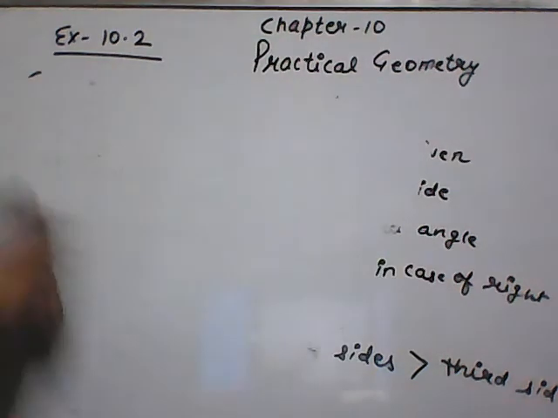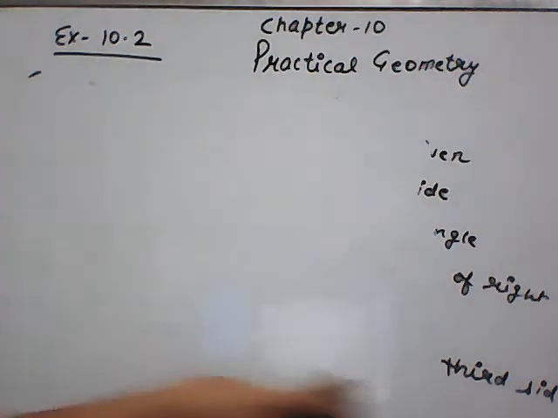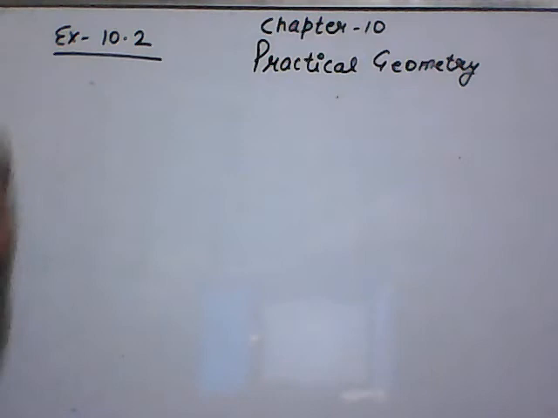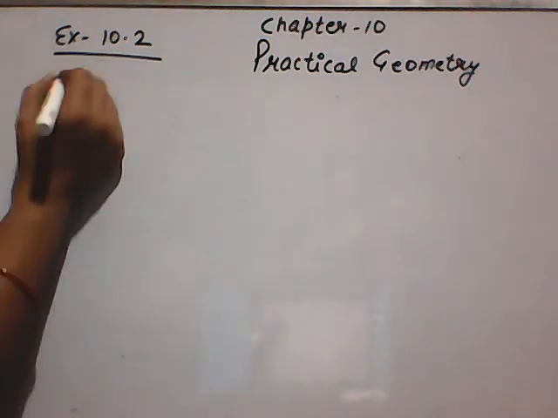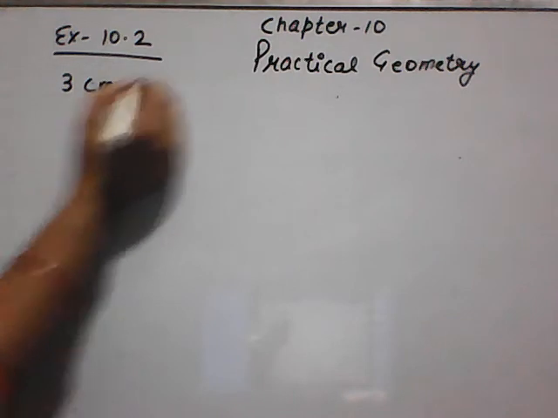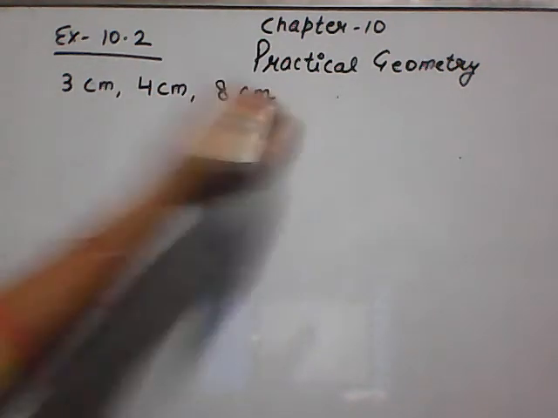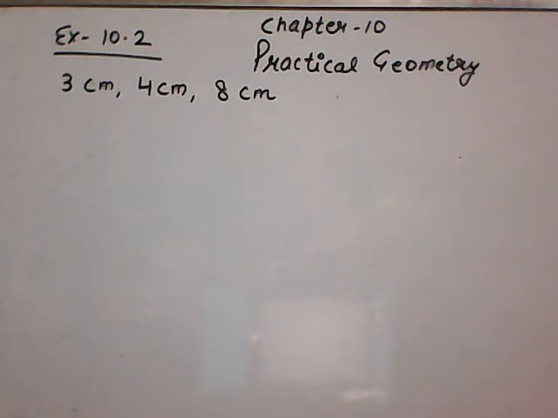Suppose the sides given to you are 3 centimeter, 4 centimeter and 8 centimeter. Then you have to check, can you construct the triangle with the given sides or not?